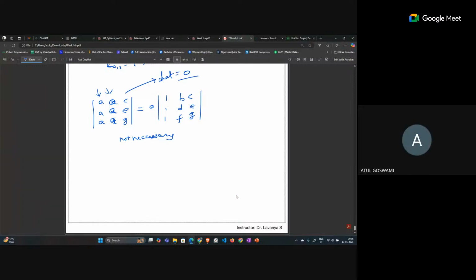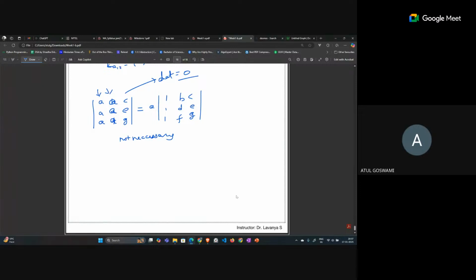If all the entries in one column are the same, it is not necessary that the determinant is 0. It can be 0, but it's not necessary.